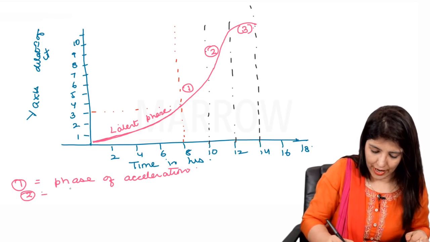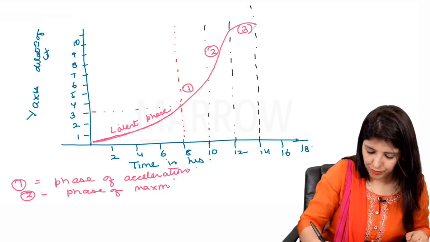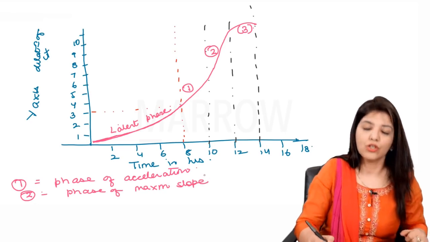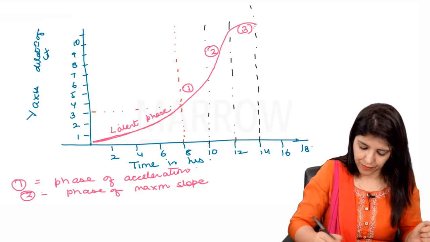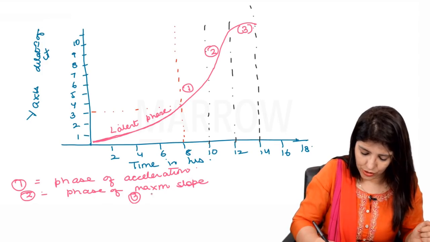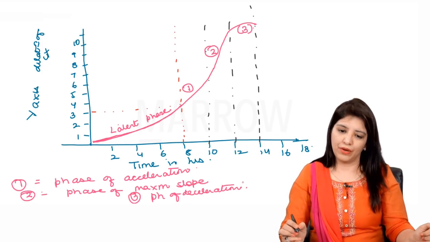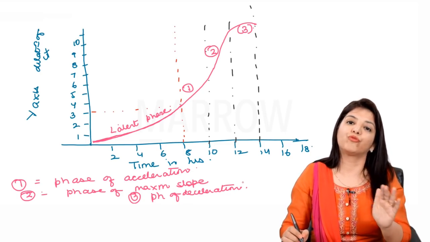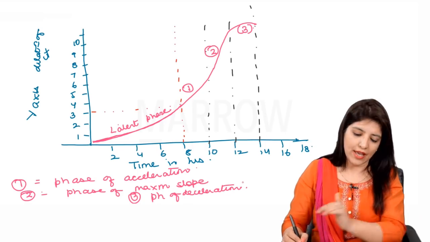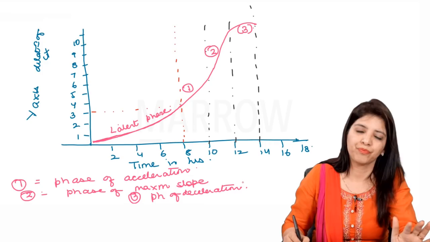Second phase is called the phase of maximum slope. So maximum dilatation has occurred in the second phase. And the third one is called the phase of deceleration. Right? So in Freedman curve, the active phase was further divided into 3 phases. As you can see, Freedman curve is a sigmoid shaped curve, right?